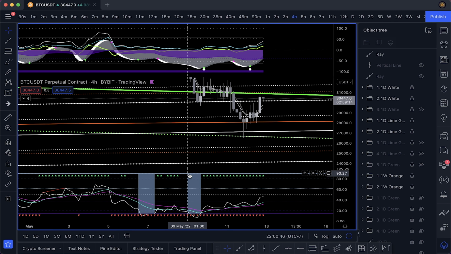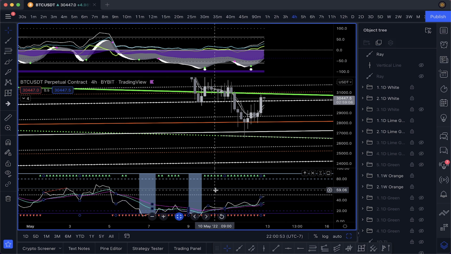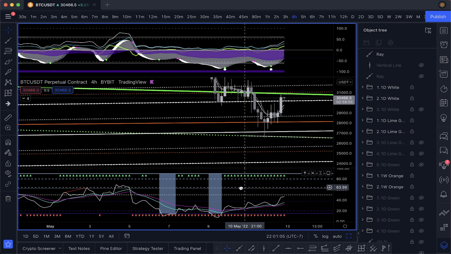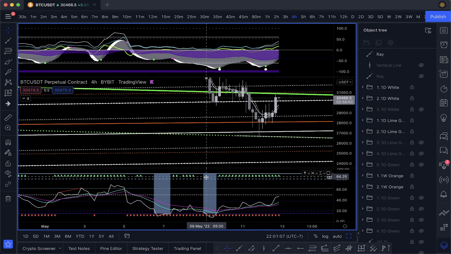Also, these vertical bars here are when RSI goes off the charts. This purple line is your bottom line. RSI came below it, so it prints your vertical bar. This means your RSI is bottomed out.